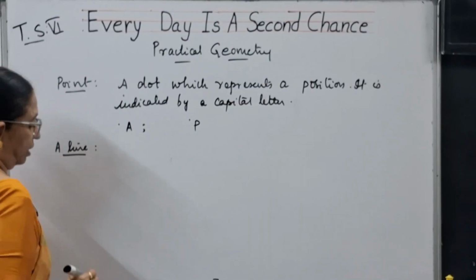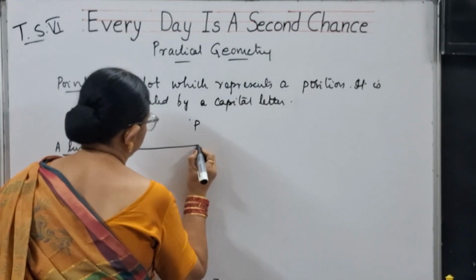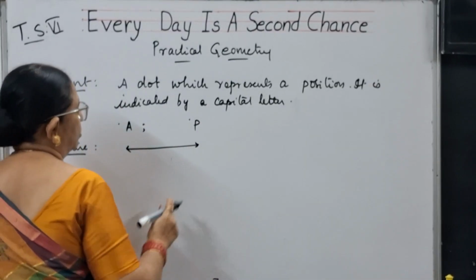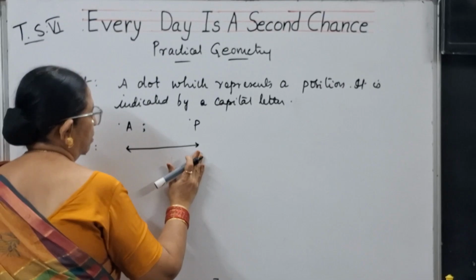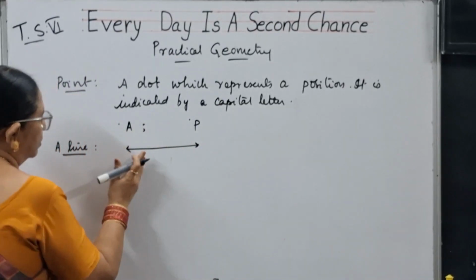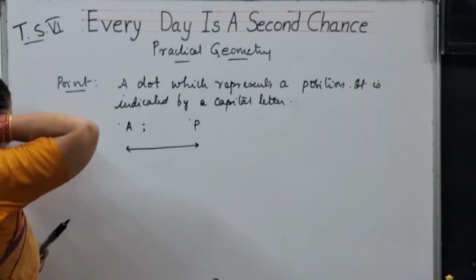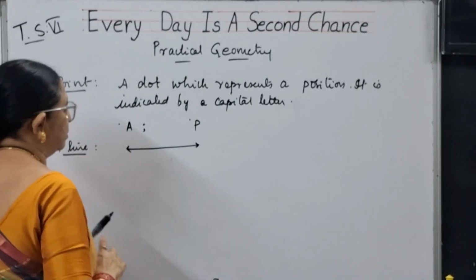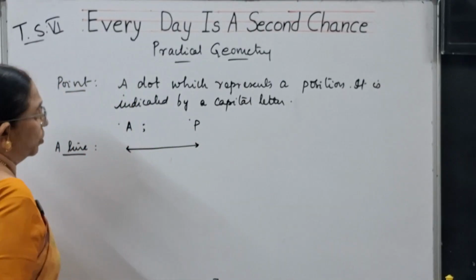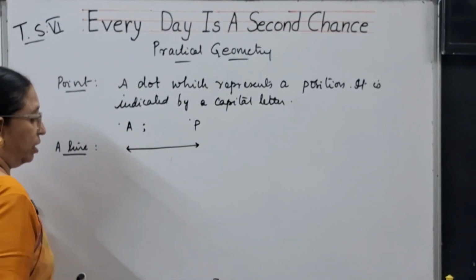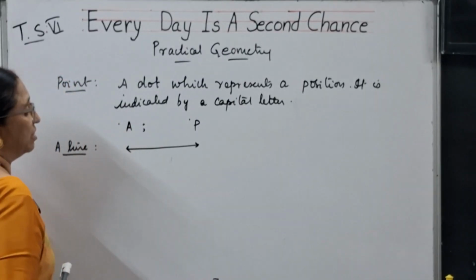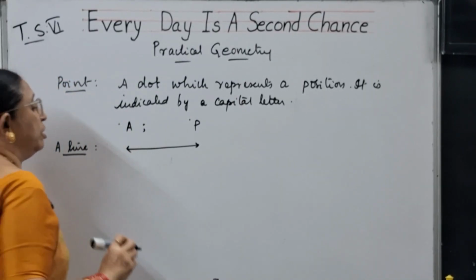Next, we go to a line. What is a line? A line is a straight line which has no ending. Arrow this side, it continues. Arrow this side, it continues. So a line is nothing but a representation which extends on both the sides.